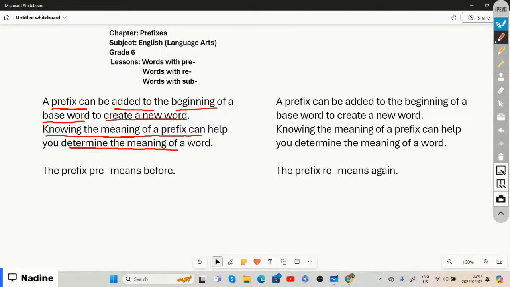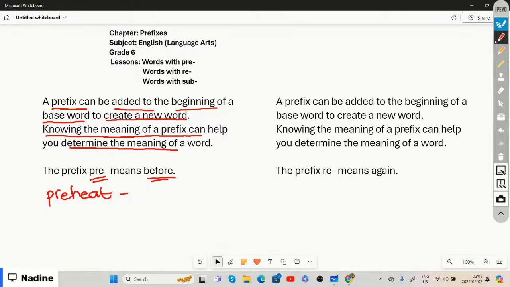So, for example, the prefix pre means before. If we look at an example of a word that starts with the prefix pre, we can think of a word like preheat.